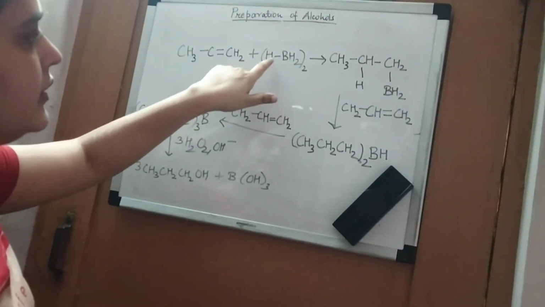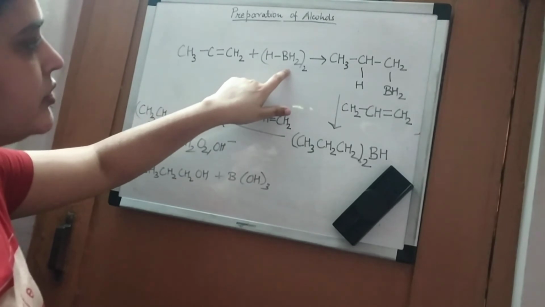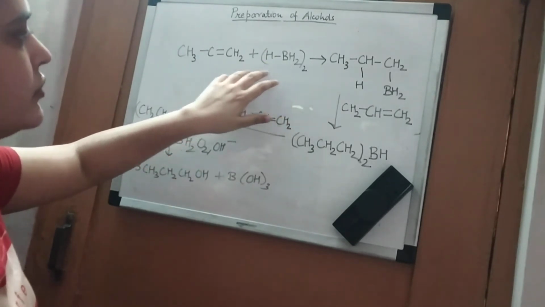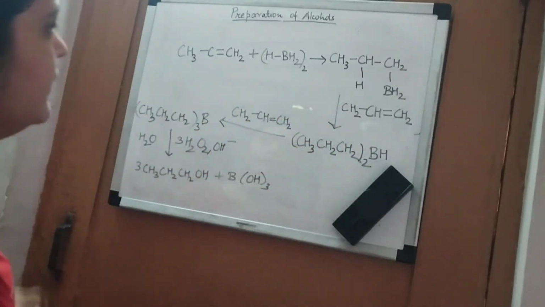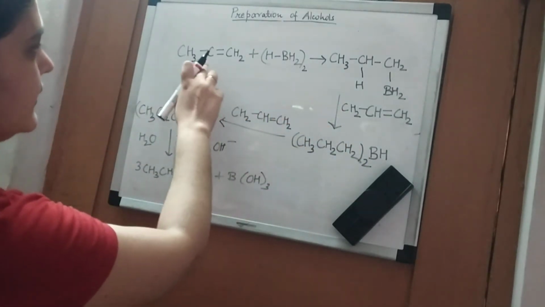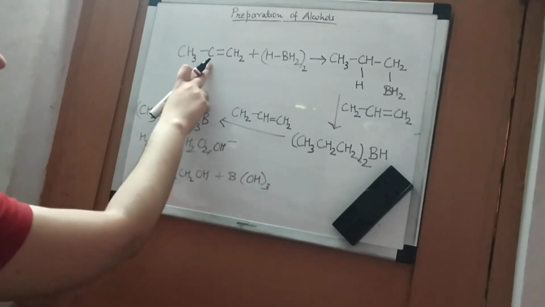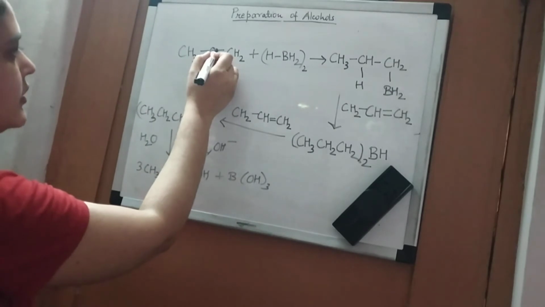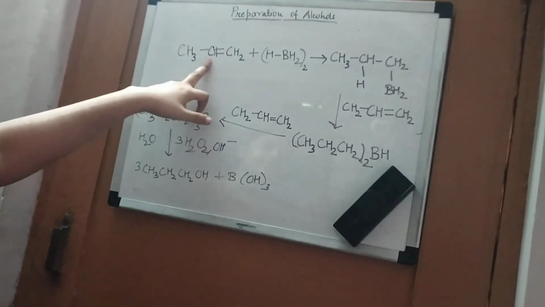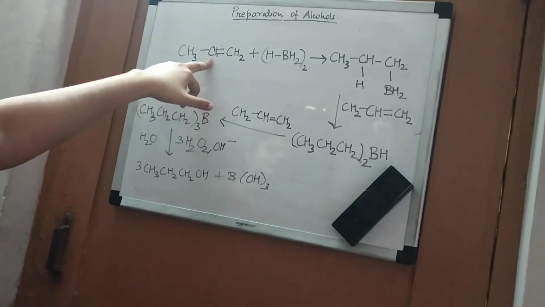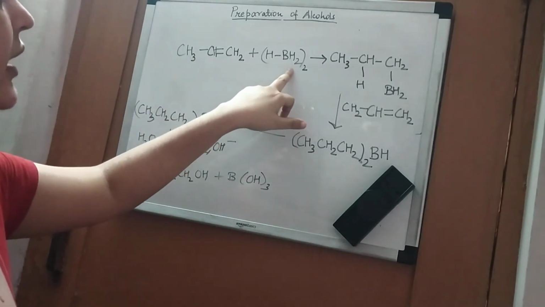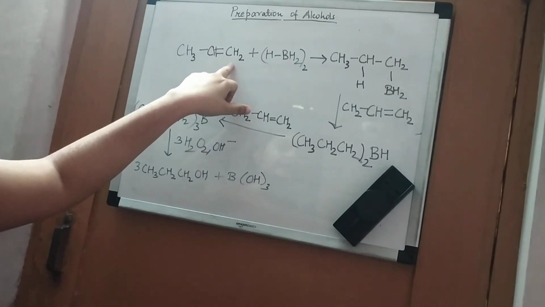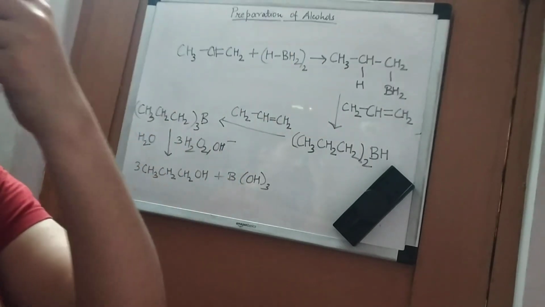First, the hydrogen and BH2, we have separated it like this so that it becomes easy to understand that this hydrogen will get attached on the carbon atom which has less number of hydrogen atoms, and the BH2 part attaches to the carbon atom which has more hydrogen atoms. So this structure is formed.